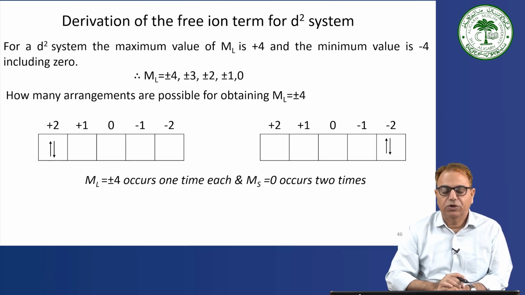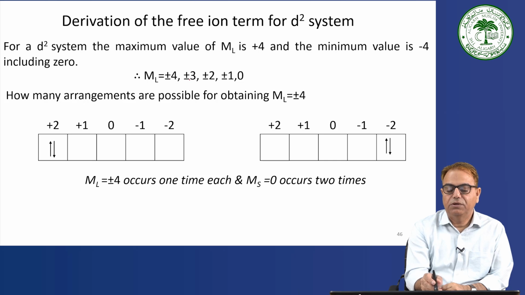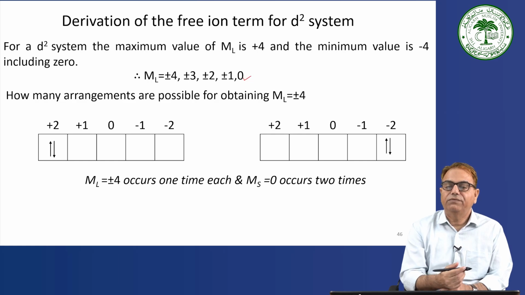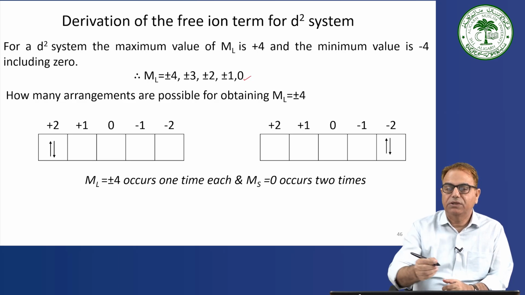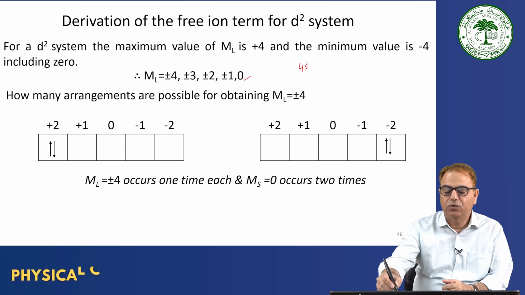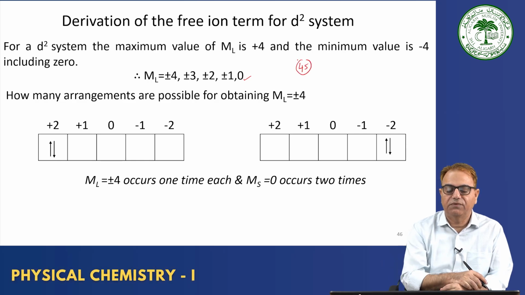Okay, so the ml value could be plus minus 4, plus minus 3, plus minus 2, plus minus 1 and 0. Okay. Now what we will look for: for finding out the microstates, if you calculate for the D2 system, the number of microstates will come out to be 45.